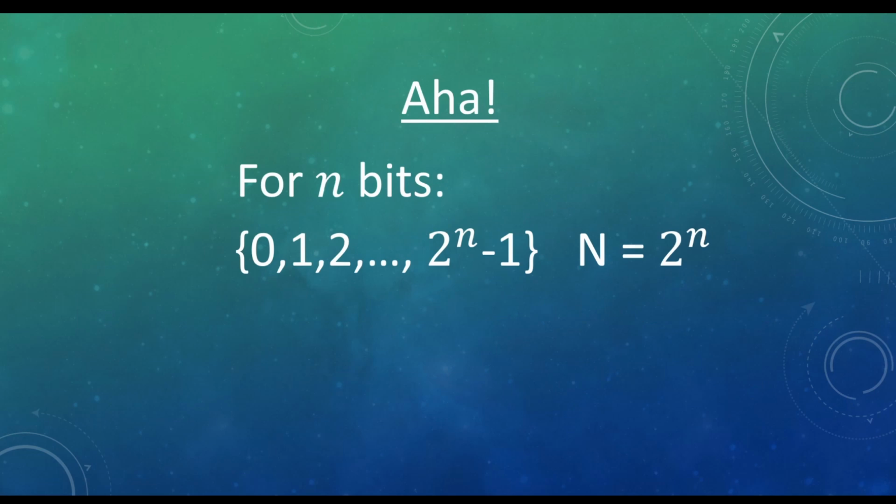This is why 2's complement is called 2's complement. The negative of a number complements this number to 2 to the power of n. And of course, 2 to the power of n mod 2 to the power of n is a 0 in this system.